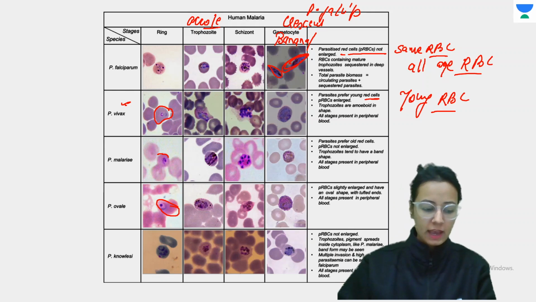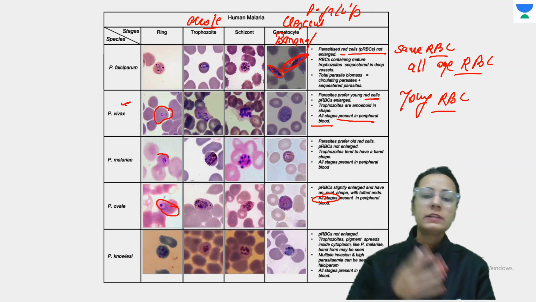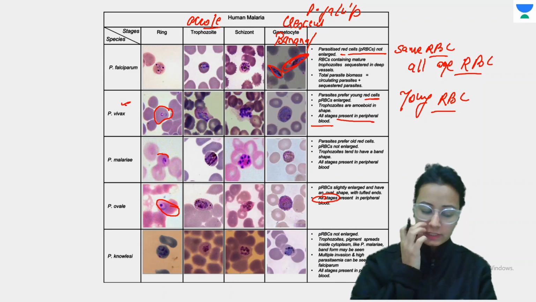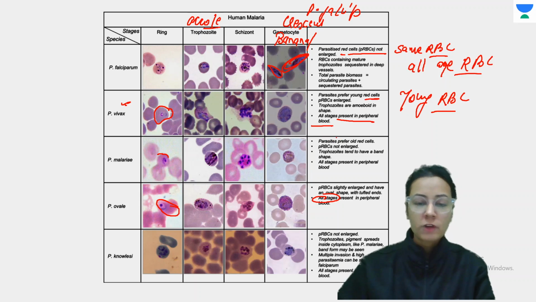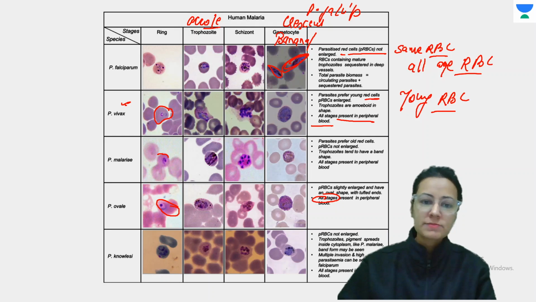All the stages are present in the peripheral blood: early trophozoite, late trophozoite, schizont stage and gametocyte stage. And we have Schuffner's dot in case of Vivax, and James dot in ovale.